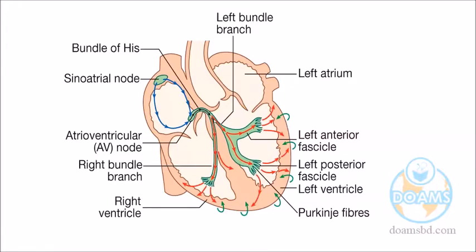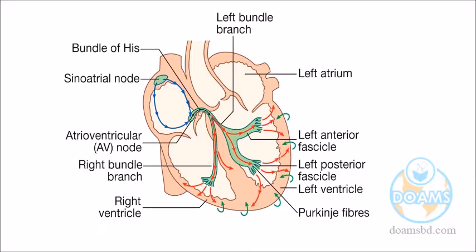So by evaluating the conduction problem by looking at the ECG, we are able to identify where the problem of the conduction is, because the nature of the different parts of the conducting system is different. Suppose the maximum heart rate is produced by the SA node, another name, the natural pacemaker.